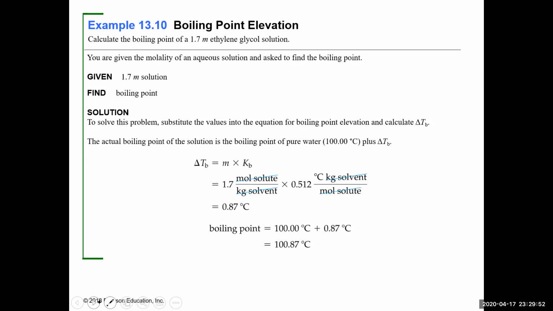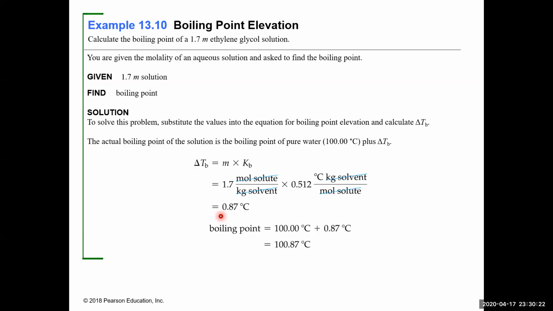This problem will be solved similar to how we solved the problem earlier. So we would want to solve for the delta TB first, and that's equal to the molality times K sub B. We have the molality, and we have K sub B. After the canceling of the units, we end up with just units of degrees Celsius. So delta TB is equal to 0.87 degrees Celsius.